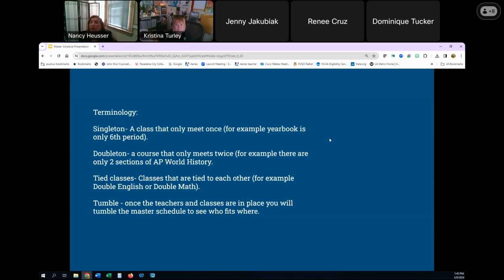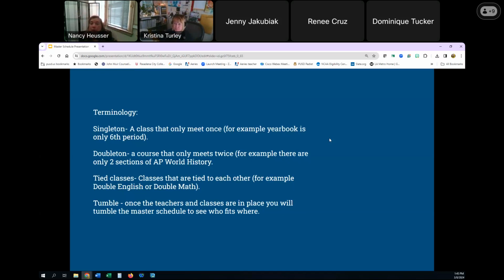There is something called a conflict matrix, but the way Aeries does it, I don't feel is very helpful. With the conflict matrix, in other systems, what it shows you is if a kid has this class, how many times does it conflict with this other class? And it shows it for every single class, so you still have to know what you're looking for.